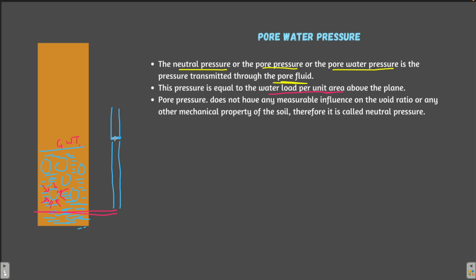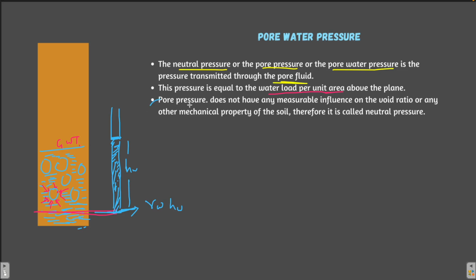If this is the level of water in the piezometer, or the liquid column, then the pore water pressure at this level equals gamma W, the unit weight of water, into the height of the water column. This is height W, which means height of the water. This will give you the pore water pressure.